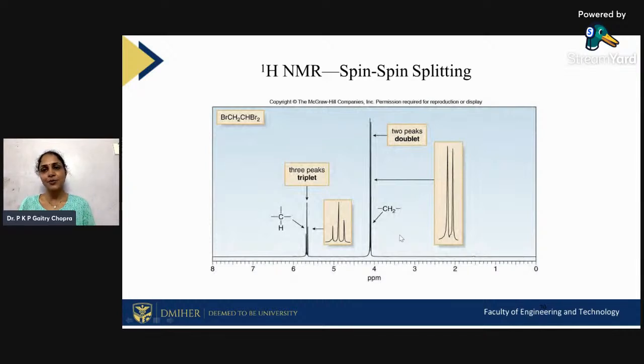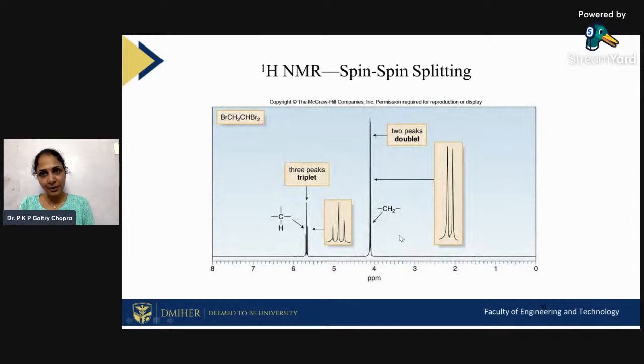So your CH has split into three signals, whereas the protons of CH2 are comparatively upfield and they have only one neighboring proton interacting with them. So n plus 1, that is 1 plus 1, that is 2. So the signal of CH2 protons is split into a doublet.